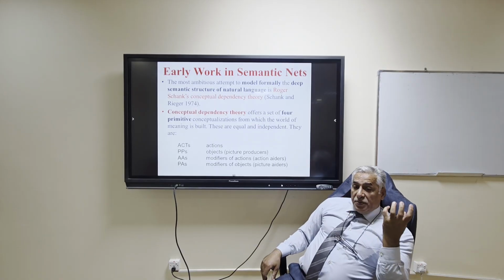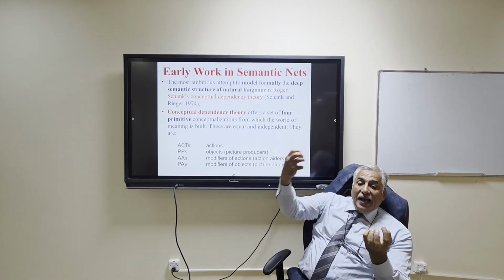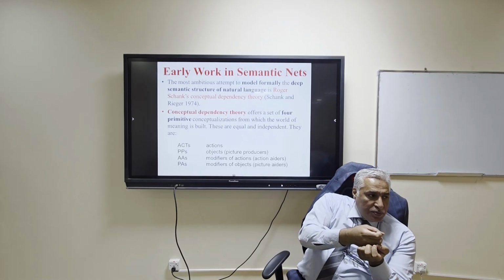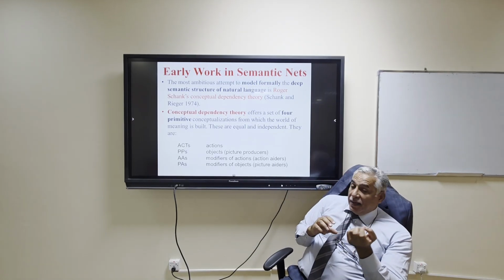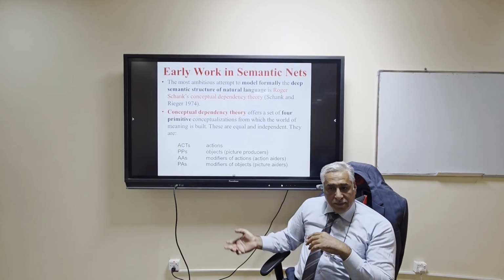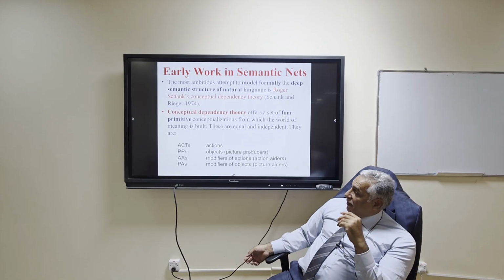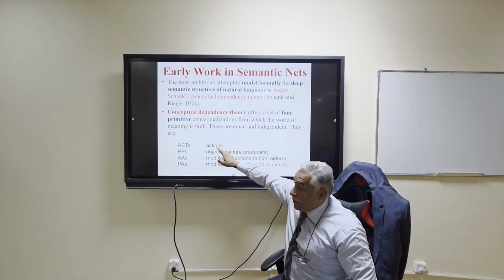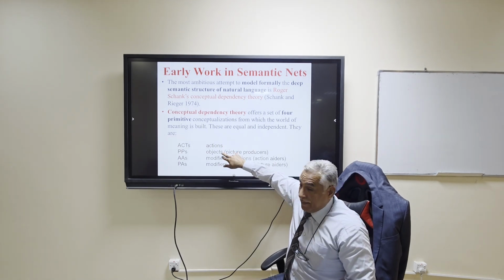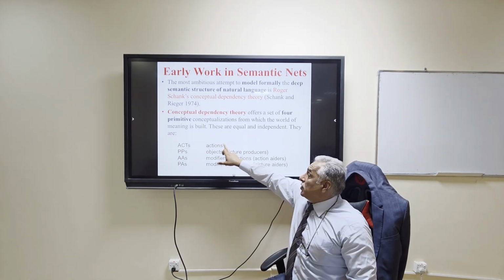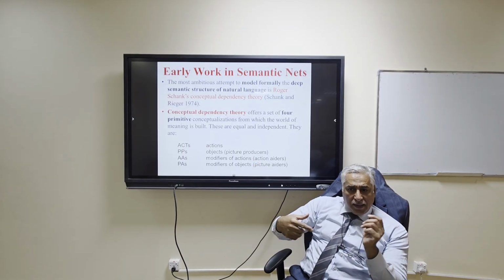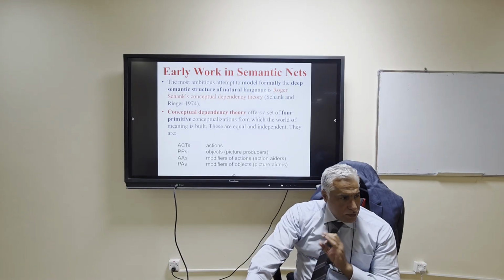we need objects and we need actions, and these actions are about these objects, and we need modifiers, because we may have two objects and one action. Which one caused the other? For example, object 1 eats object 2.